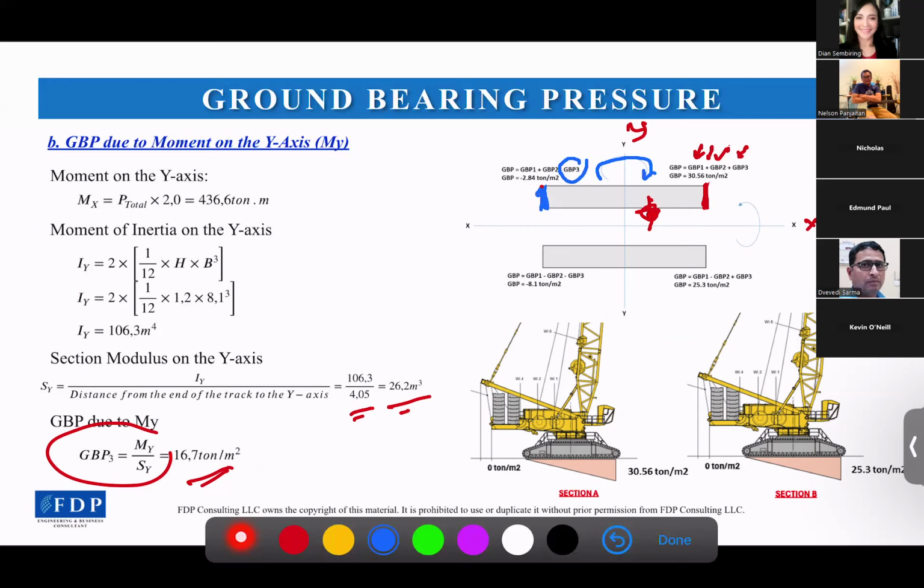So the formula will be ground bearing pressure 1 plus ground bearing pressure 2 minus ground bearing pressure 3, like that.